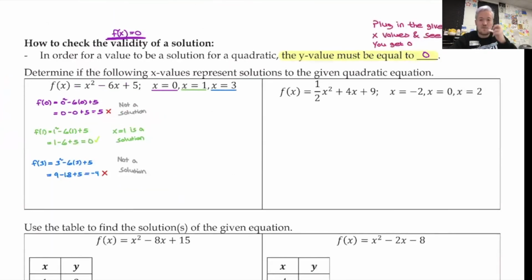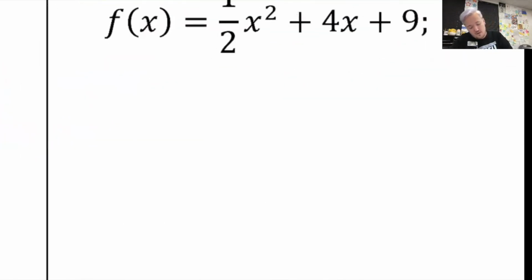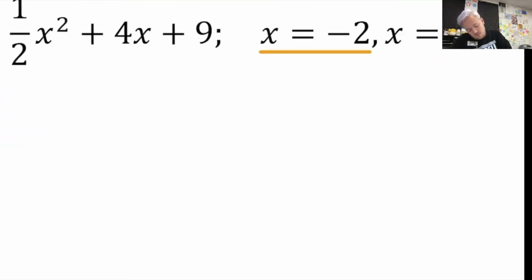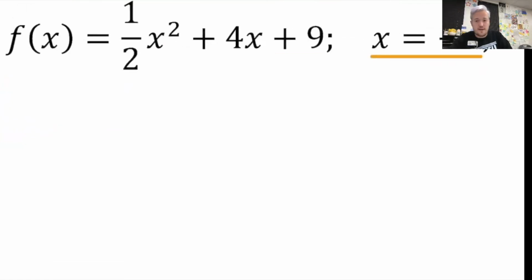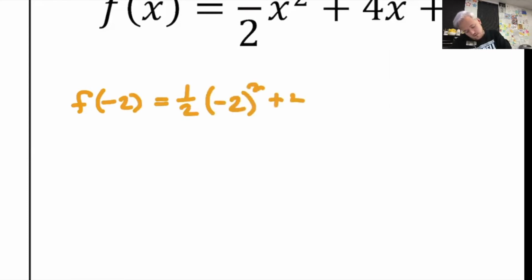All right, so same idea over here. I'm going to go through this one kind of quick. I'll do this first one in orange. I'm going to plug in -2, so f of -2. So 1/2 times -2 squared plus 4 times -2 plus 9.